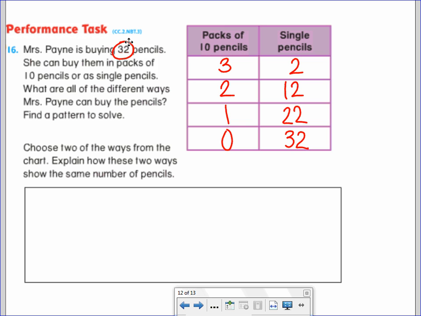So I'm going to draw all 3. Here's 3 10s and 2 1s. Here's 2 10s and 12 1s. Here's 1 10 and 22 1s. And here's 32 1s.